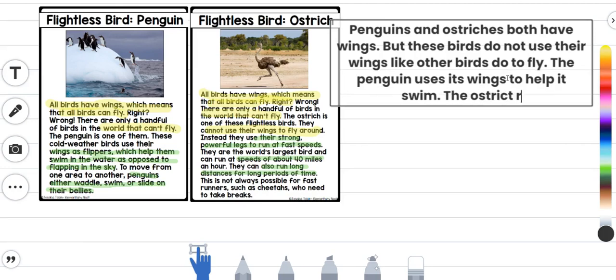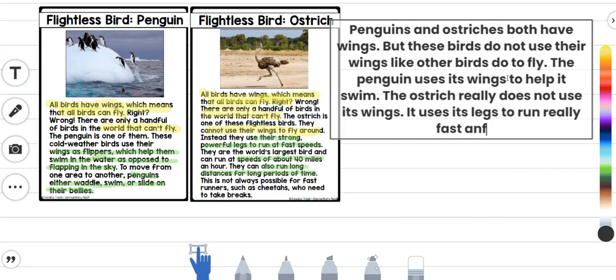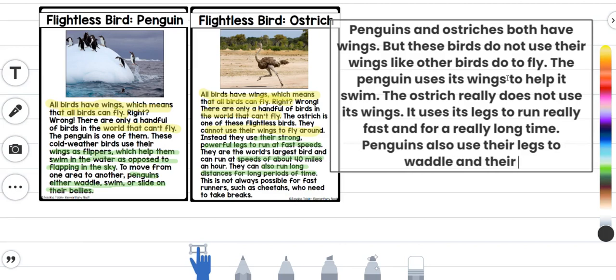The ostrich really does not use its wings. It uses its legs to run really fast and for a really long time. Penguins also use their legs to waddle and their bellies to slide.